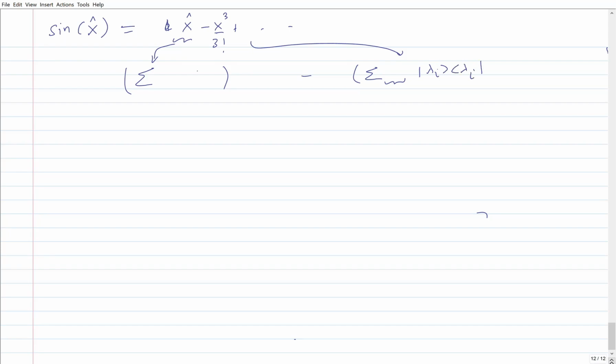So ultimately, this is going to be eigenvalues times, I'll collect all the eigenvectors.